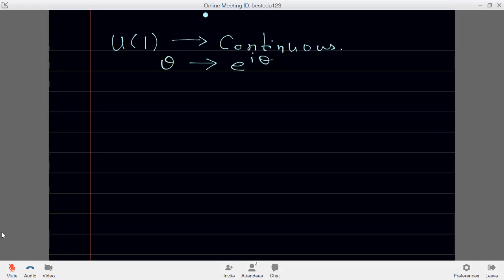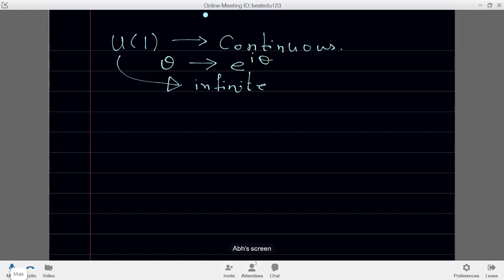So if you change theta, you will go to a different element. If you change theta by any amount and you go to a different element, how many elements are there in U1? Any guesses? There will be an infinite number of elements, because that's why it is called a continuous group. They will have an infinite number of elements depending upon how you change the parameter theta.